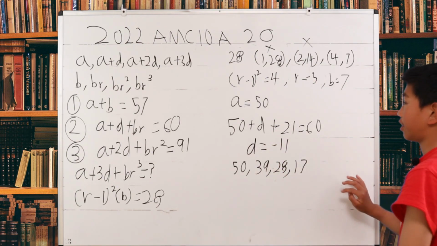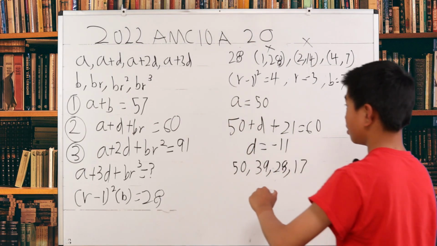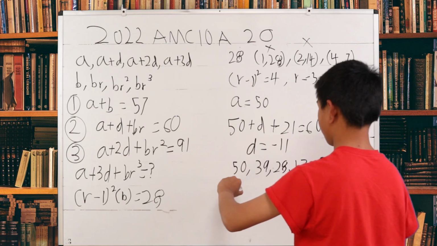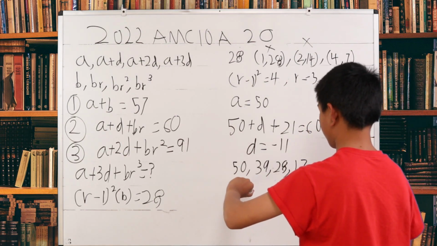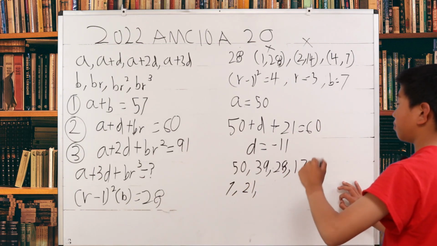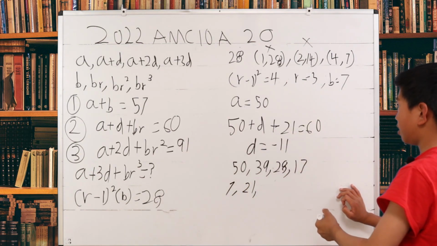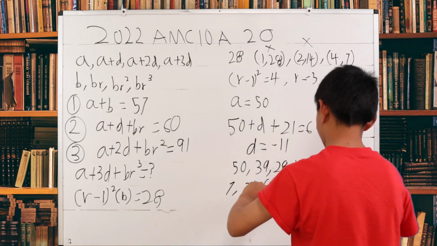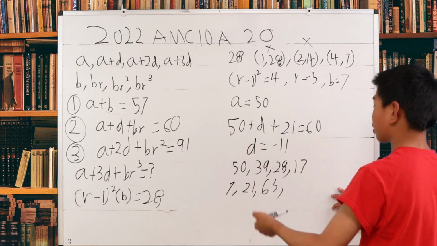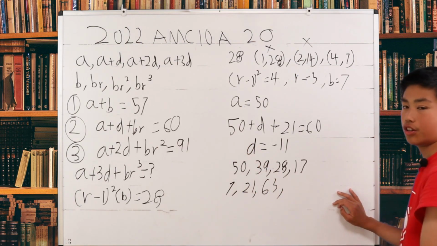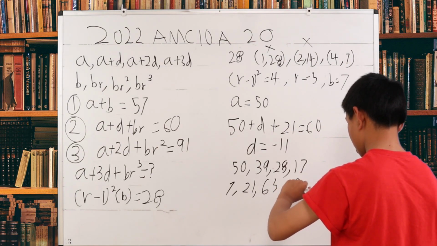We just have to find the final value of BR cubed. That's pretty easy. First value is B, so 7. 7 times R, or 3, so 21. So B times R squared, 7 times 3 squared, or 9. 7 times 9 is 63. Since they're all being multiplied by 3, BR cubed is 63 times 3, or 189.